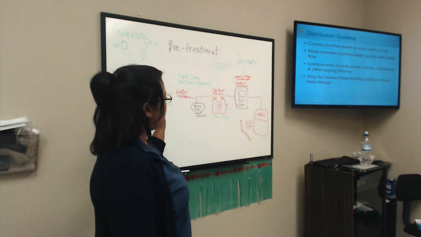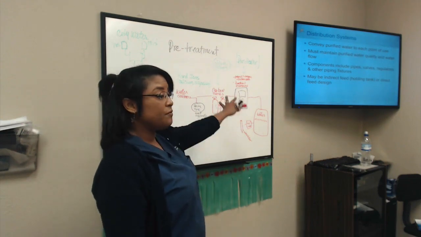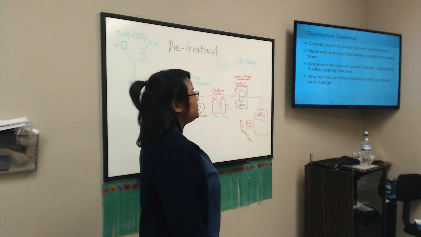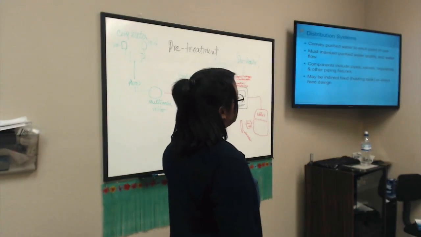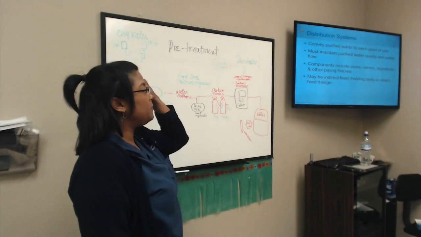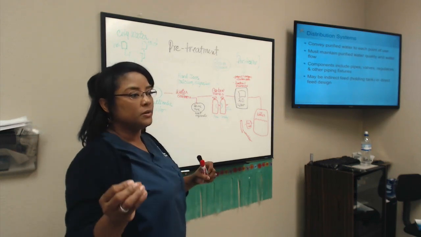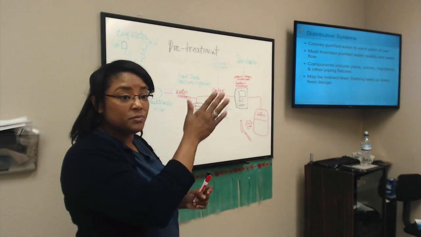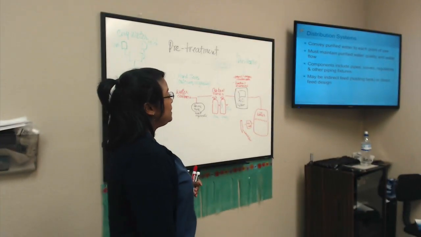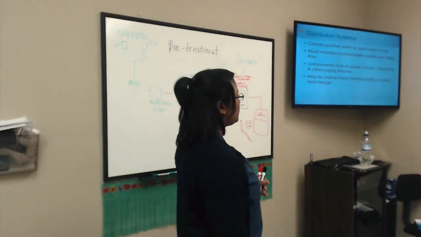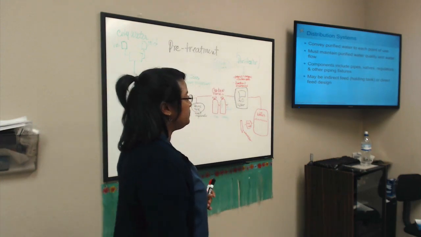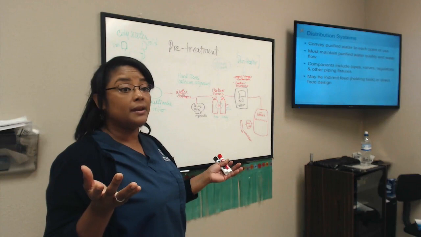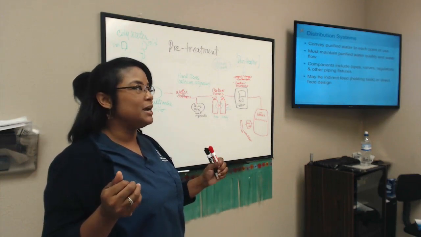So we already pre-treated the water, we purified it, now we're going to push it through. The distribution system is the one that conveys purified water to each point of use. When we say point of use, we mean each station, each machine. It must maintain purified water quality and water flow. You know how we have pipes at home and sometimes they get clogged?